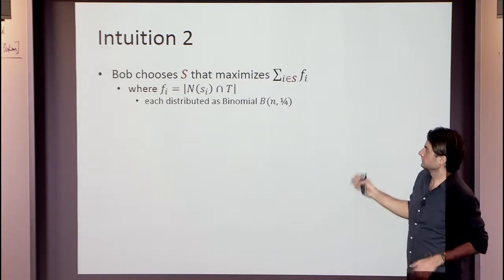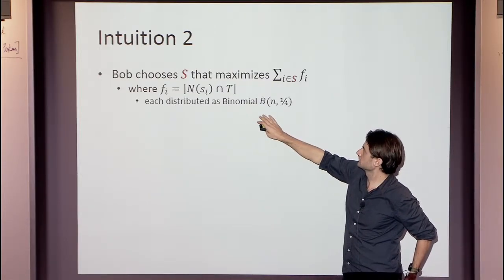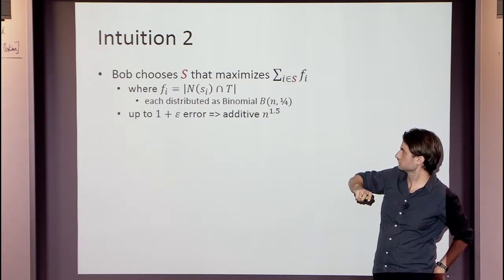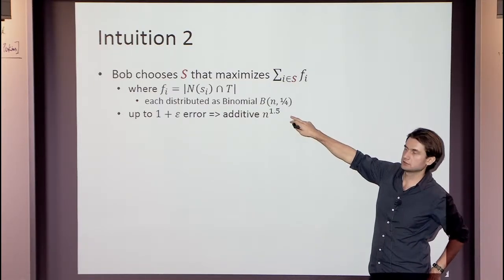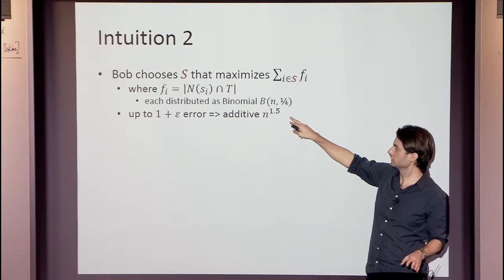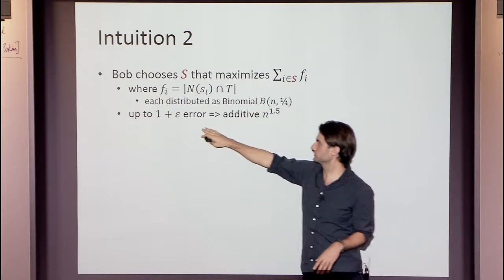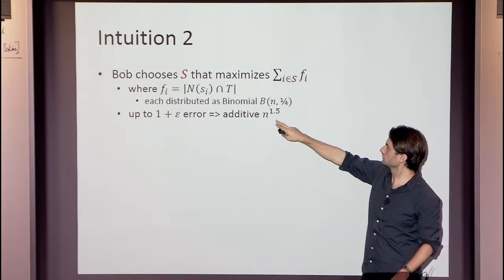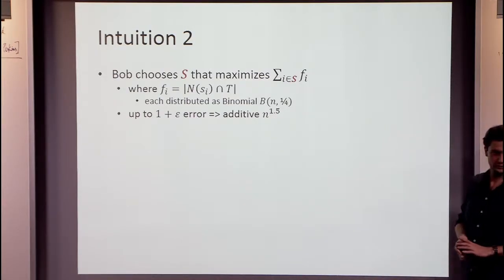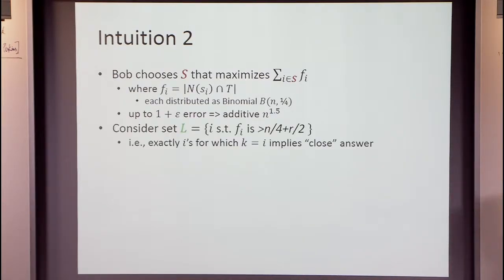Each of these Fi is distributed as a binomial distribution. There is some error, and this is why it is not obvious. Namely, we compute this up to a 1 plus epsilon approximation error, which in total gives us an additive error of n to 1.5.